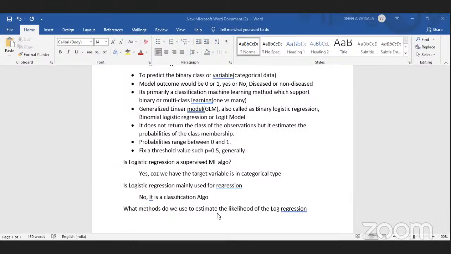In linear regression, we understand that we use least square error, MSE, RMSE, right? And in various others, we have different distance methods, Jaccard's distance and others. But here we use the maximum likelihood method.